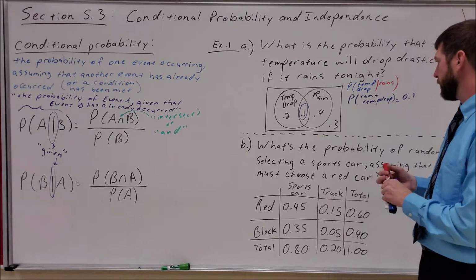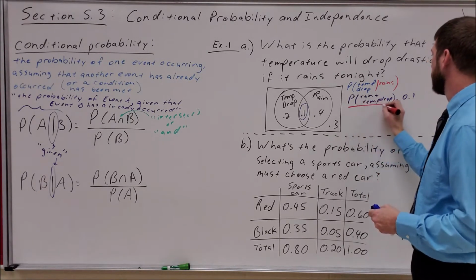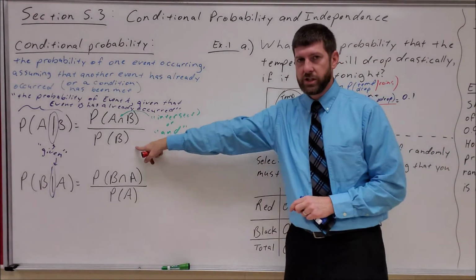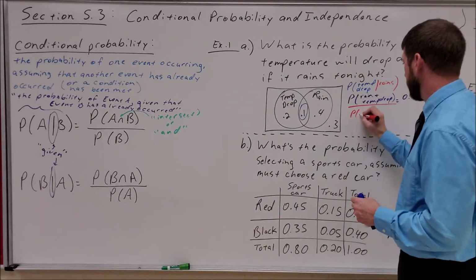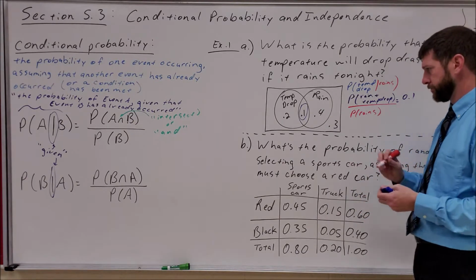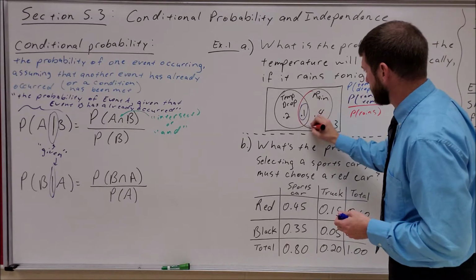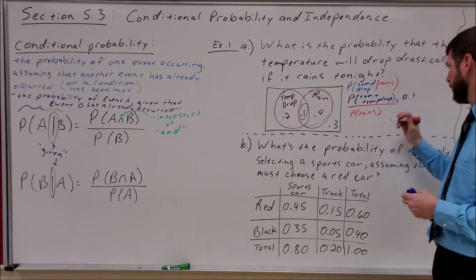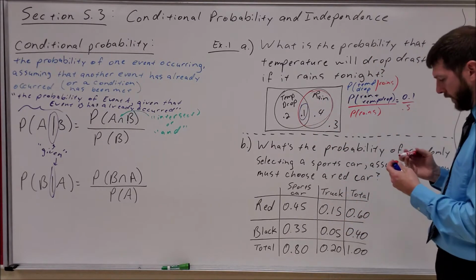Now we want to divide that by the probability of B, which in this case is the condition, the probability that it rains. So what is the probability that it rains? The probability that it rains is all of the rain information together. So that would be 0.5.